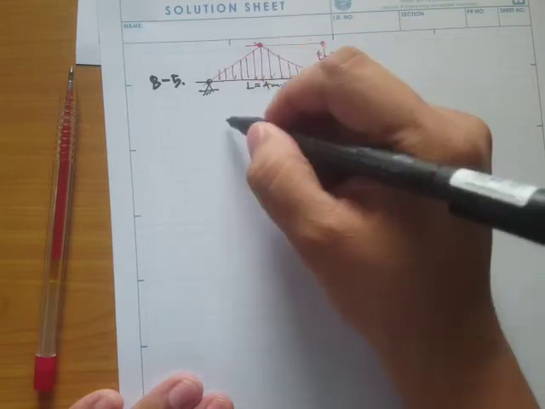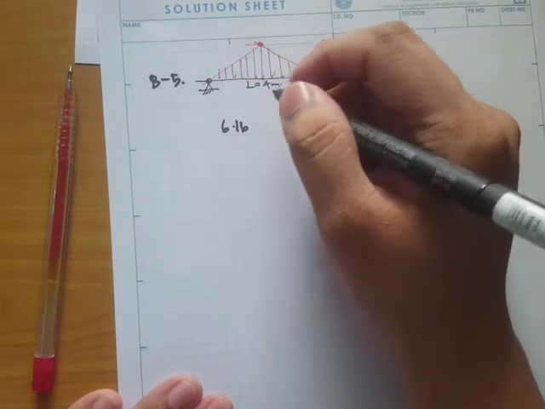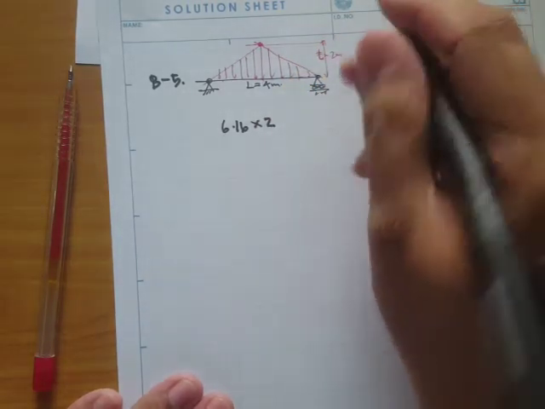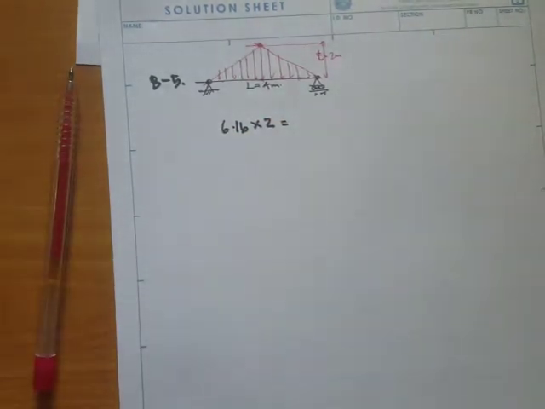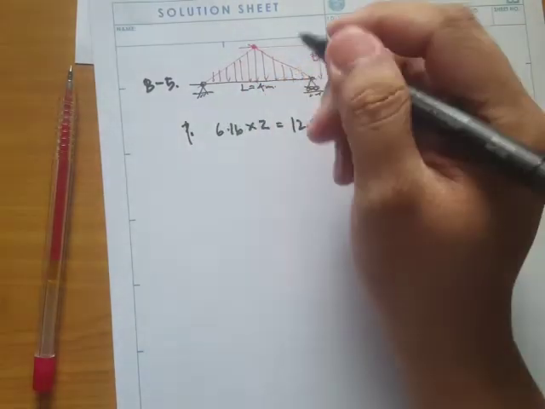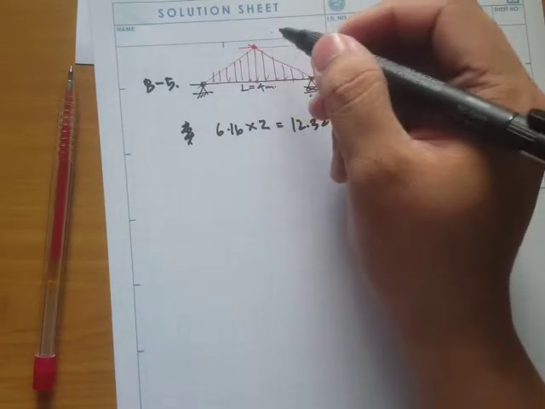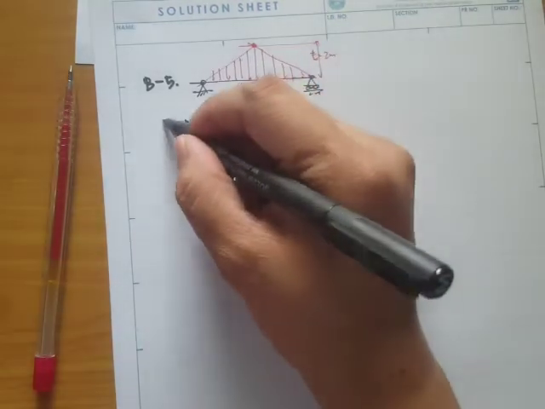So that maximum value right there is 6.16 times 2, that's 12.32. That's not yet the beam, that's just the maximum load at that point.